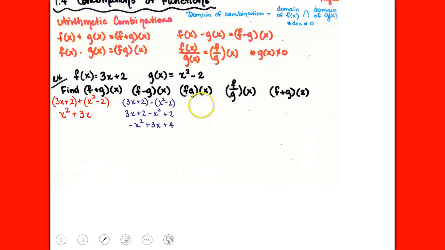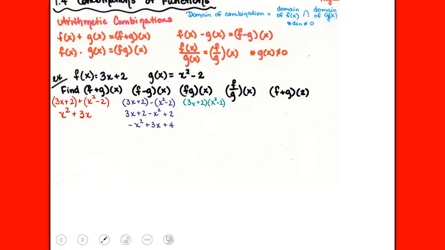For f times g of x, we just want to do f of x times g of x. And again, I want to give that answer in simplest form. So how am I going to give that in simplest form? What would I need to do? Yeah, FOIL it out.